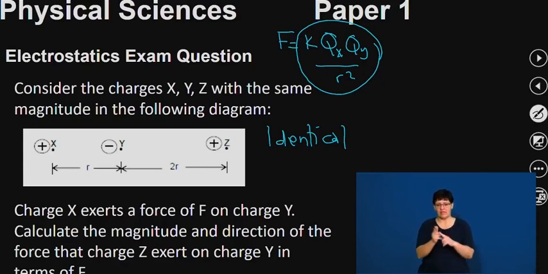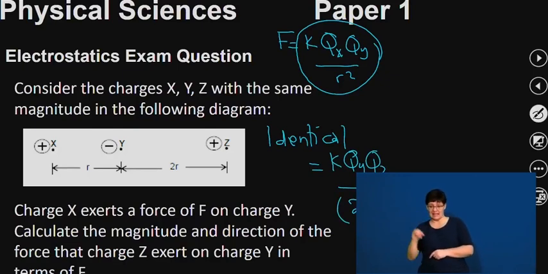The difference between Y and Z is that the distance has been doubled, but the magnitude of the charges is the same. Y and Z will experience a force of attraction just like X and Y, because these are opposite charges. Now, if we double the distance, what will happen? This equals K, QY, QZ over 2R, all squared.